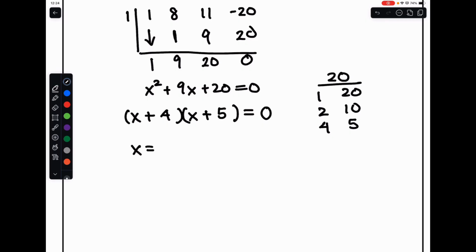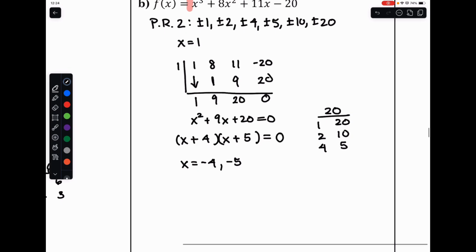So x equals negative 4, x equals negative 5, and there, we found our solutions, okay? Awesome. So along with the first one, x equals 1, x will also equal both negative 4 and negative 5. Which again, if you look at the list, how cool is that? Again, those numbers are on the list.